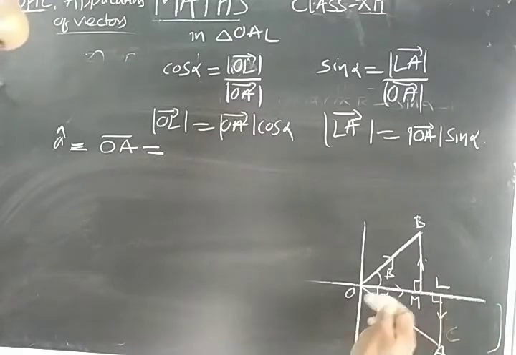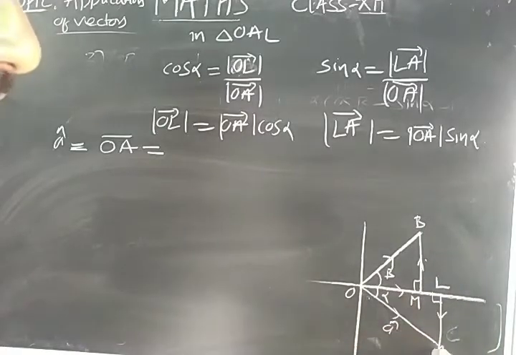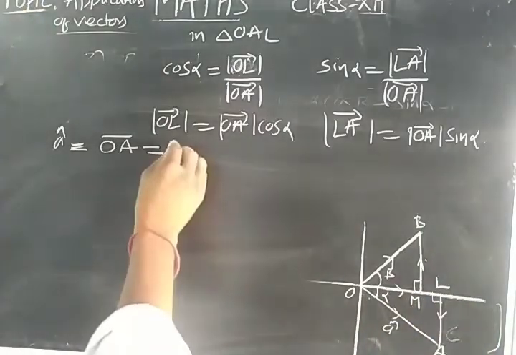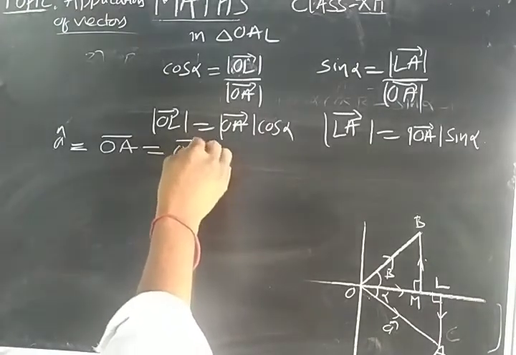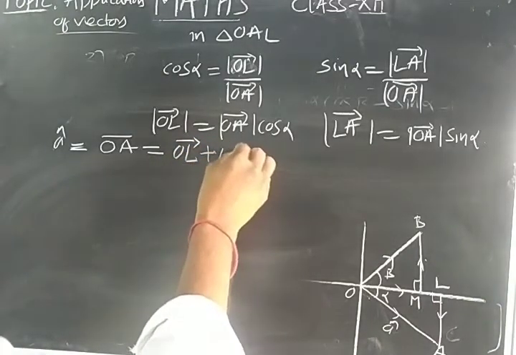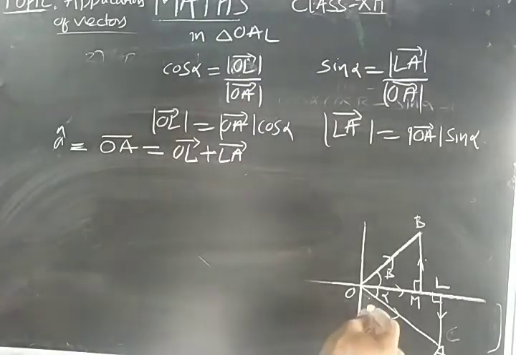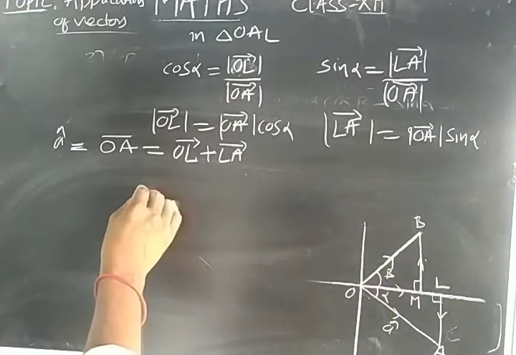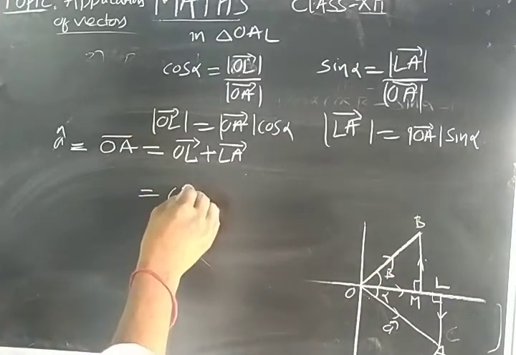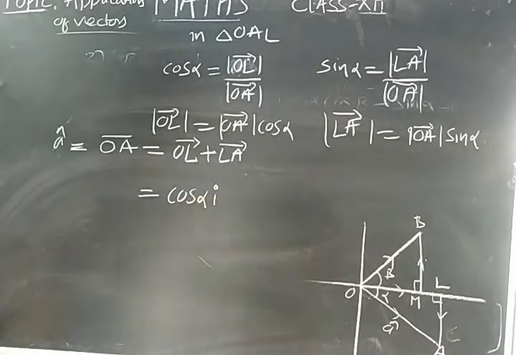By the triangle law in vectors, OA is equal to OL vector plus LA vector. This OL vector is denoted by cos alpha I, right?